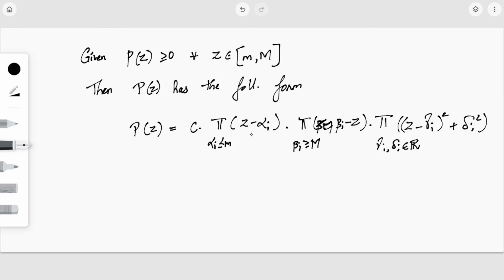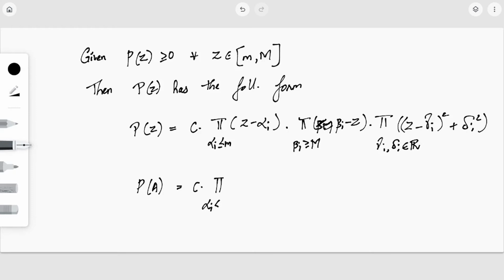So the linear factors and the quadratic factors come, and gamma i and delta i will represent all other roots in the real numbers. We are just specifying the case of the interval m comma M, so it generally has this particular form. Okay, so now let's see what will be p of A. Instead of z, we have to replace it by A, right?